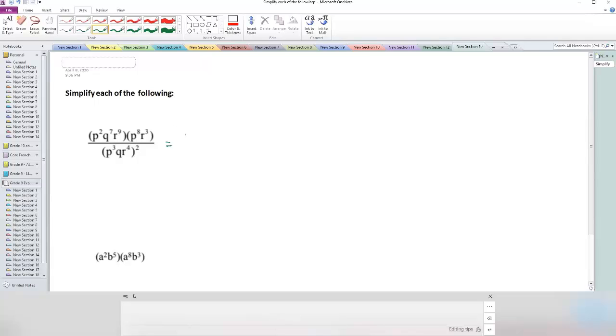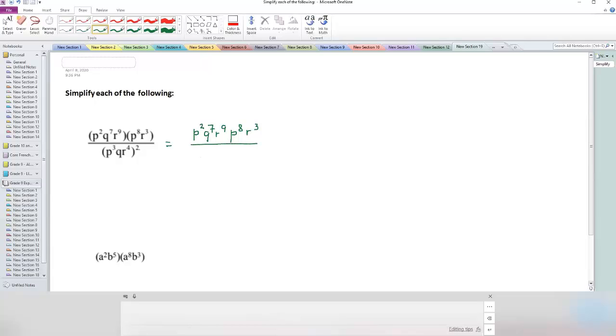So before we do that, we need to make it a little bit simple for us to simplify at the end. So I'm going to repeat the p squared, the q7, the r to the power of 9 times p to the power of 8, r to the power of 3. I remove the bracket.